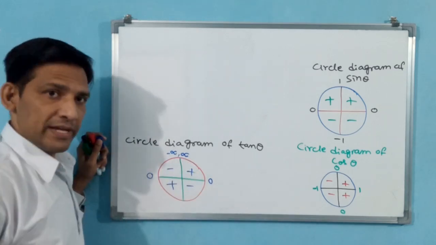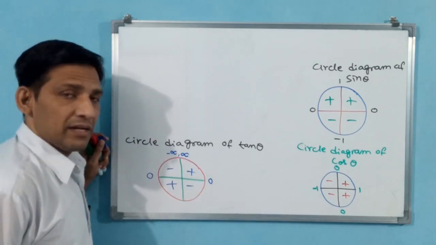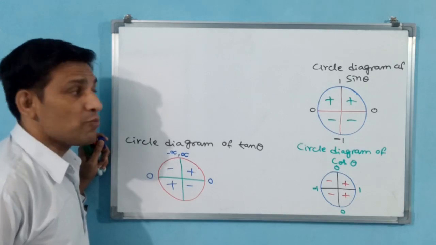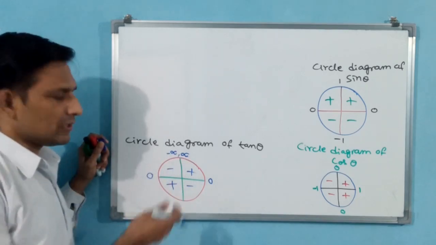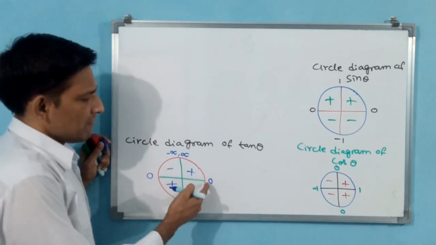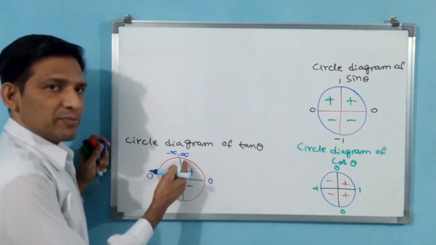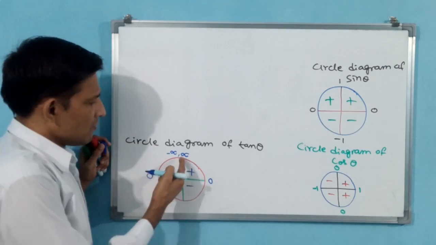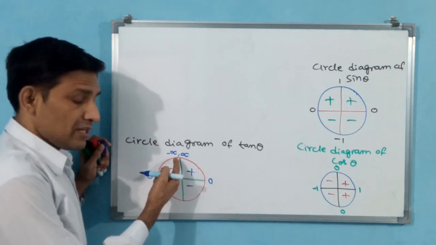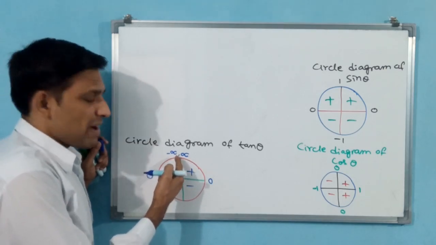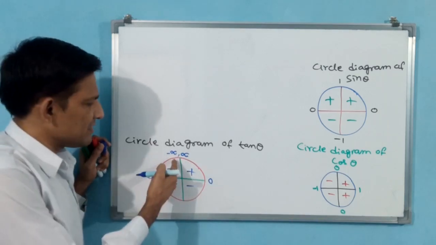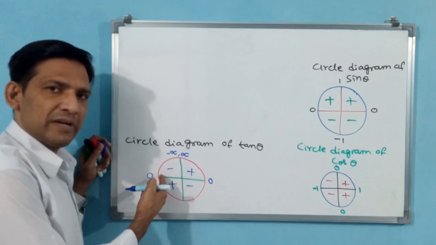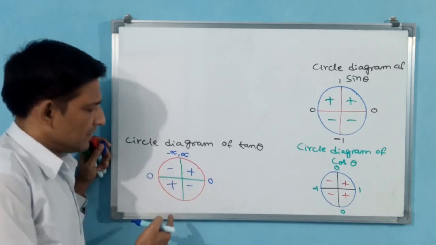Or else you are going to make a mistake in drawing the graph. The values also will come like this: from 0 it goes on increasing up to infinity. From here it goes on from minus infinity, increasing to 0. A bigger negative number will come and 0 will come finally.